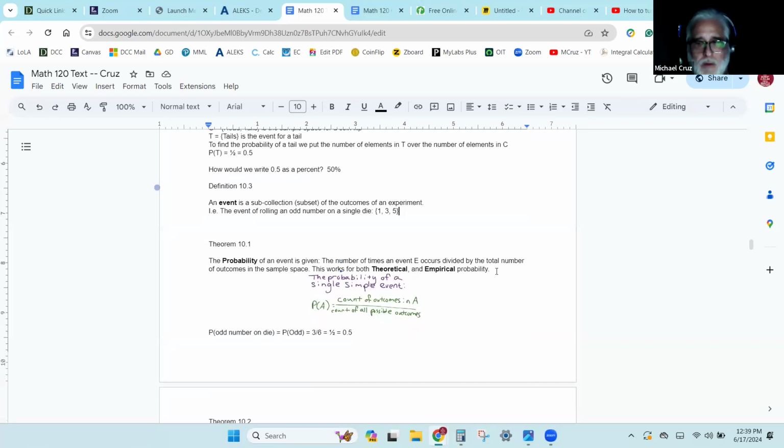Okay. So the probability of an odd number on a die: when we roll that die, there's 6 sides on it. So there's 3 odd numbers.